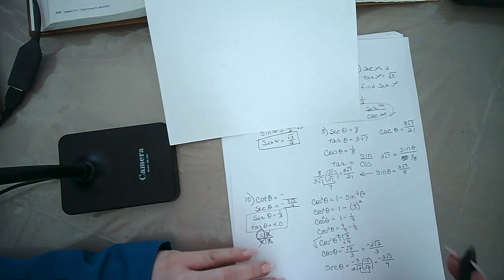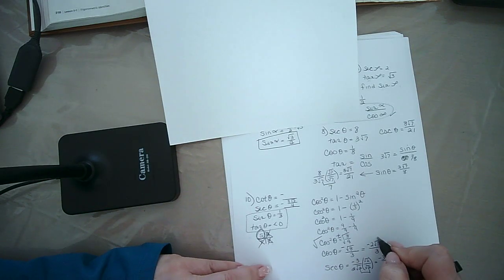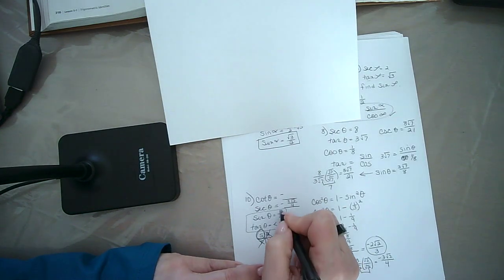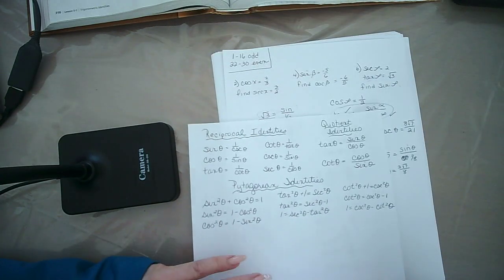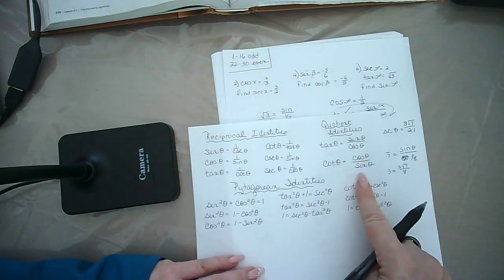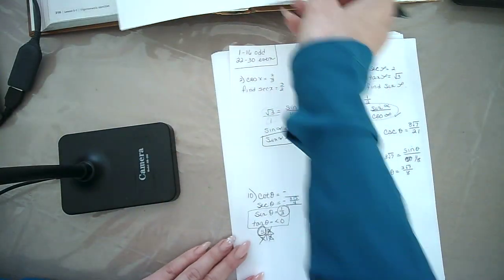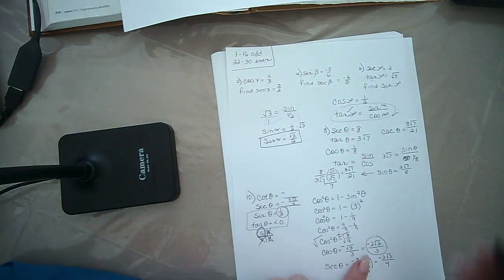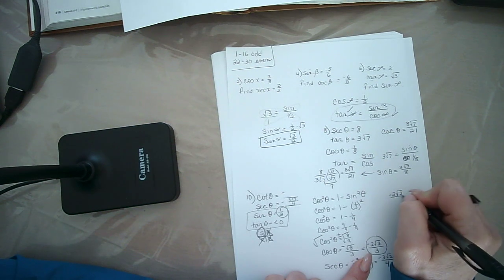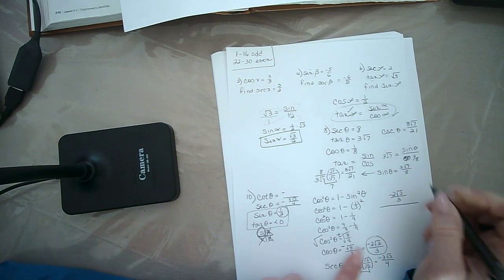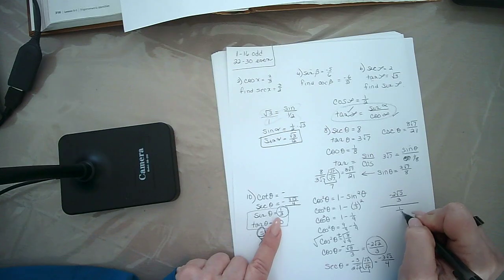Now I have the cosine, right? Let's go back to that. I have the sine. I want the cotangent. If you remember from the reciprocal, cotangent is cosine over sine. Well, that makes this easier. I'll put cosine: negative 2 radical 2 over 3, over sine, which is 1/3.